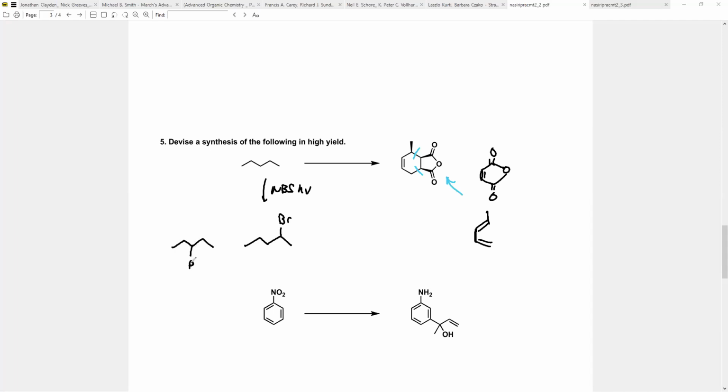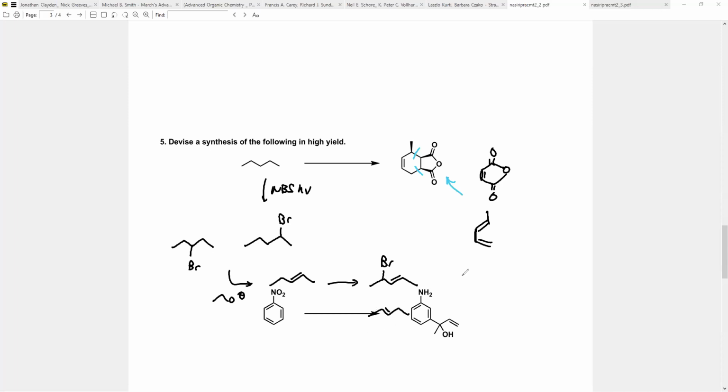In either case, we're just gonna eliminate and form an alkene. So in either case, you're gonna want to form this alkene here. Just a small base will do it. Any small base will do this. And then we'll go ahead and do our allylic bromination. The nice thing about this one is that the product is symmetric regardless of which one you form. These are the same.